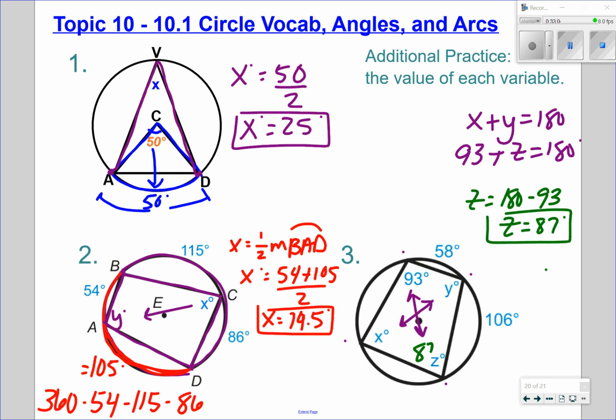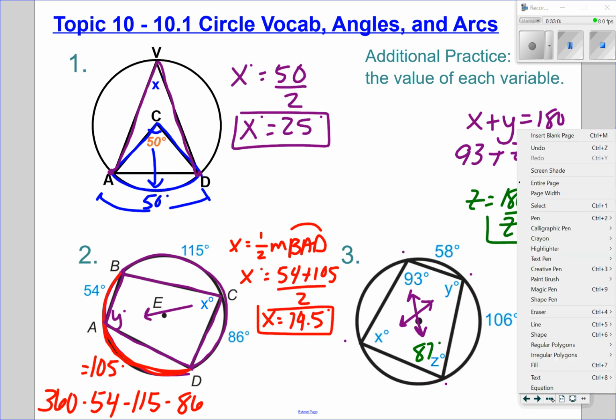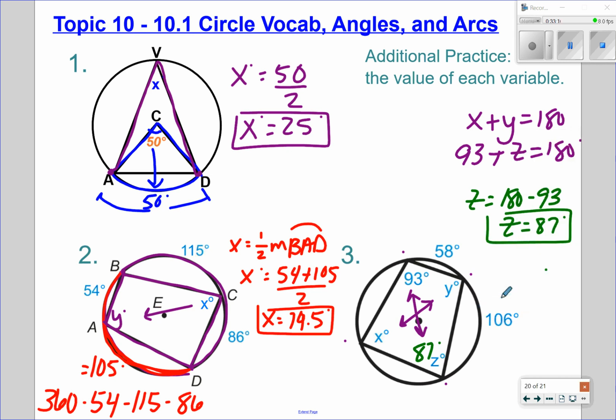I can go ahead and substitute this in there. I still know x and y add up to 180. So now let's see if I can use my arc measures to determine another angle. Well, 58 is this arc. 106 is this arc. Ooh, these endpoints are actually the endpoints of angle x.